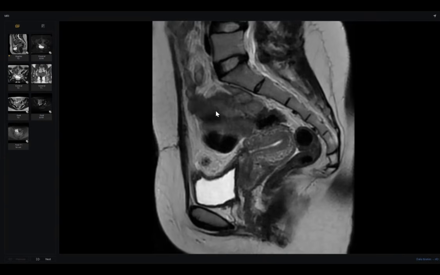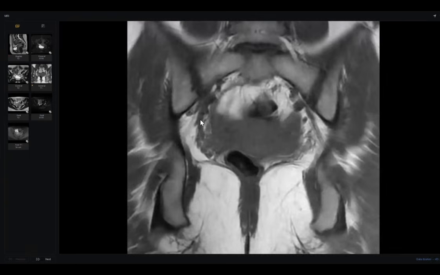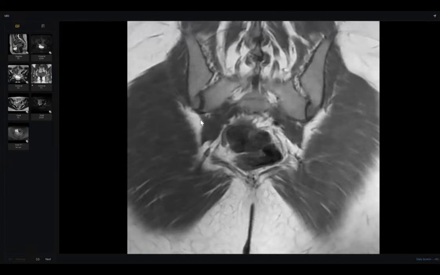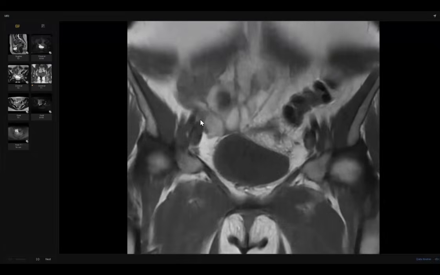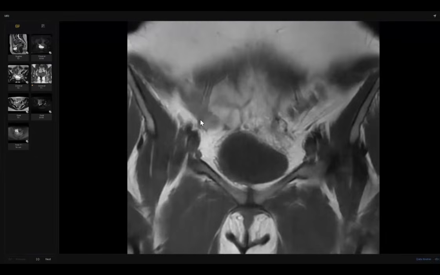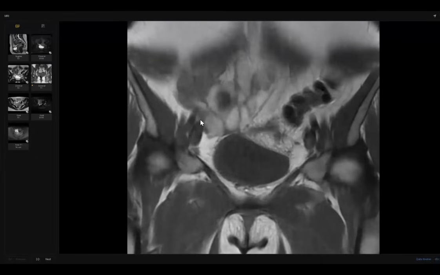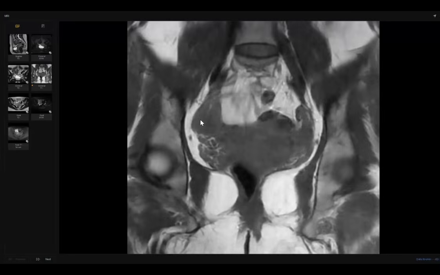Can I have a look at the coronal images? This is the coronal imagery. On the coronal T1 weighted images, I will check the bilateral ovaries to look for any altered signal intensities.